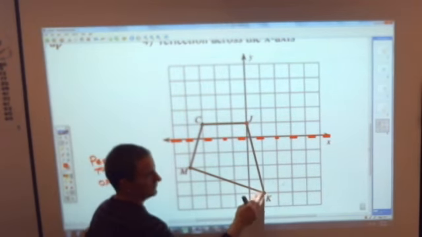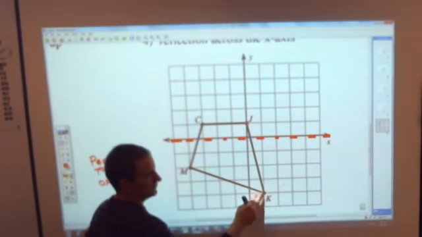It's also going to be 4 units away from the reflection line on my new shape, except in the opposite direction. So instead of going 4 this way, to find my new K, I go 1, 2, 3, 4 up. This was 4 down, so my new K will be 4 up.